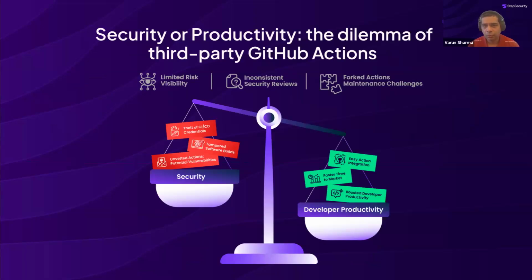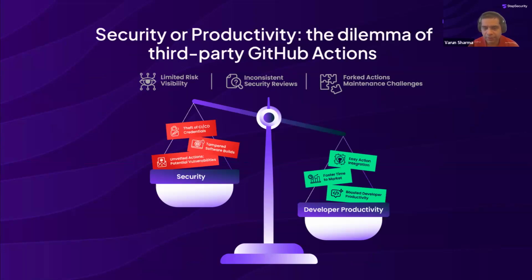And so, as we speak to a lot of enterprises that are trying to secure their GitHub Actions environment, we typically hear of three problems that I'll cover. The first one is the dilemma of how to secure these third-party GitHub Actions.